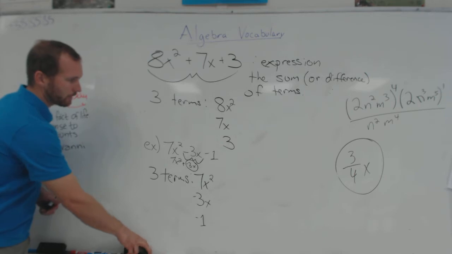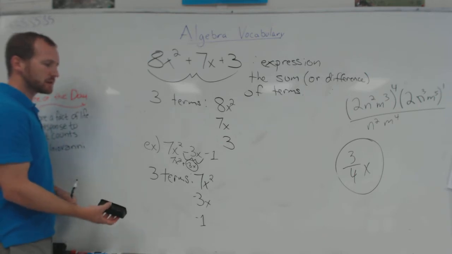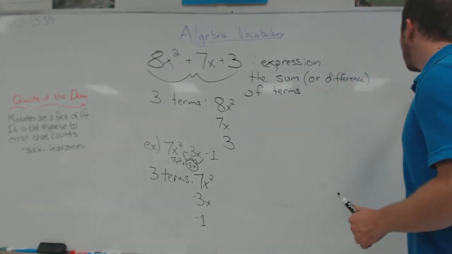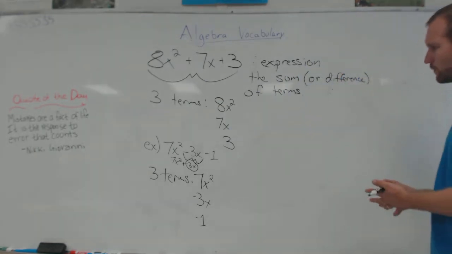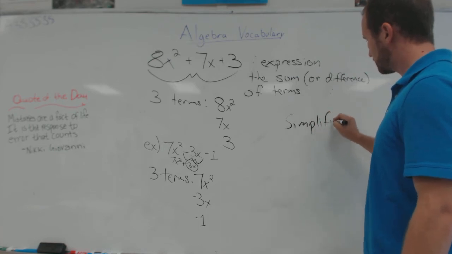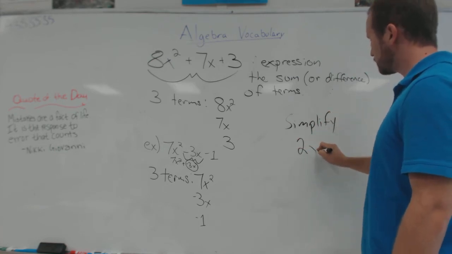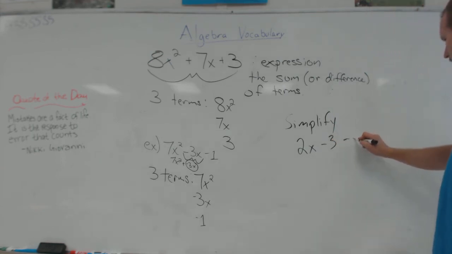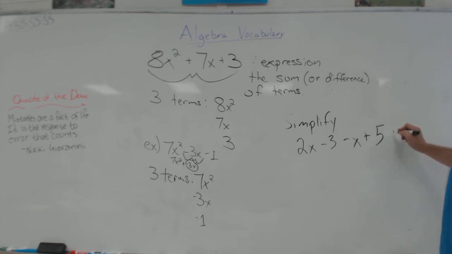Okay. And expressions can sometimes be simplified. So if I gave you an expression and I said simplify, and it was something like 2x minus 3 minus x plus 5, we can simplify this by grouping our like terms together.